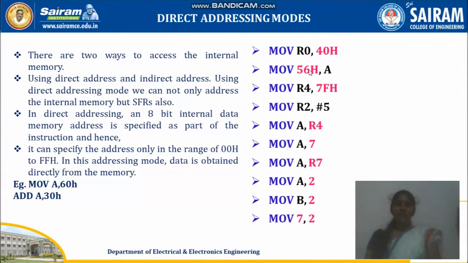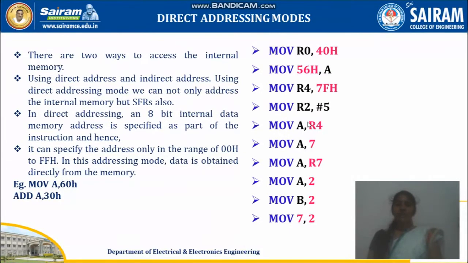Next, MOV 56H, A: whatever content is in the accumulator is moved to the 56H RAM location. In direct addressing mode, the RAM location is directly specified as part of the instruction. The address can be from 00 to FF, and data is obtained directly from memory.